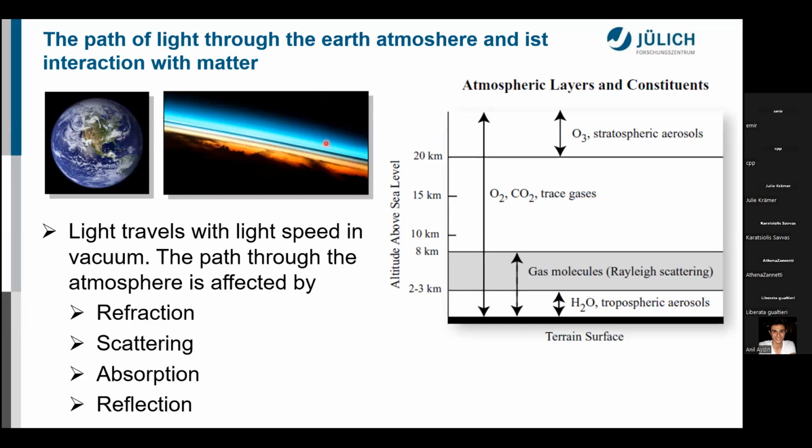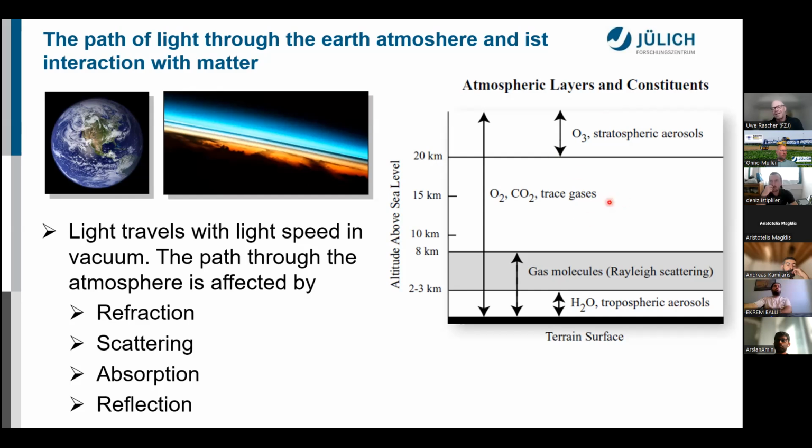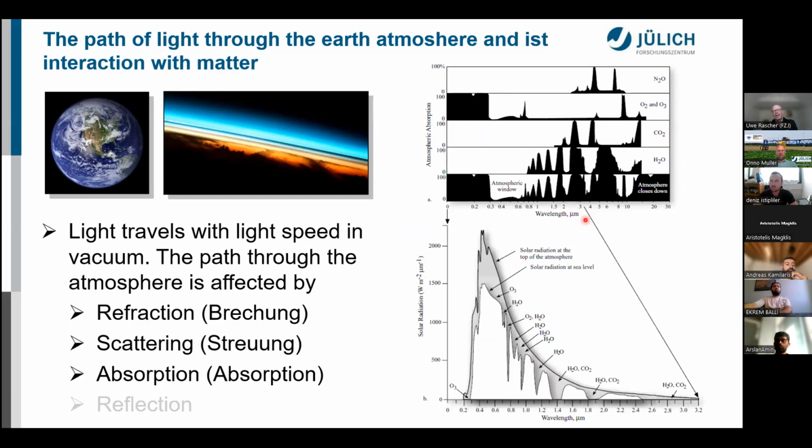And I make this first example now from the real field. The sun is our main source for light, for electromagnetic radiation, and the photons which are emitted from the sun, which travel at 300,000 kilometers per second towards our Earth, first hit our Earth atmosphere. And they penetrate through this atmosphere. On this path, the photons already interact with the trace gases and gases of our Earth atmosphere, and they are refracted, scattered, and partly also absorbed by its components.